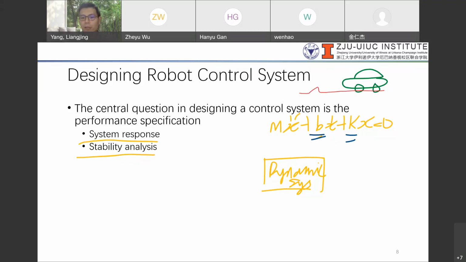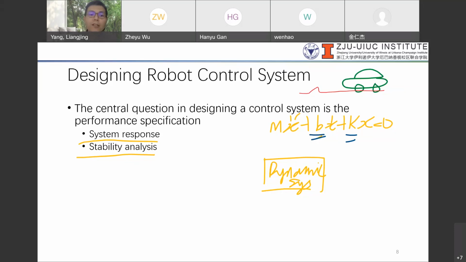So you want to design a large B so that it will damp this sudden bump. You can design this B, but once you design it, you can't really change it. This dynamic system will have this parameter already fixed. Even though as a designer you may be able to choose the right combination of B and K, you can't change it at any point of time during the operation.